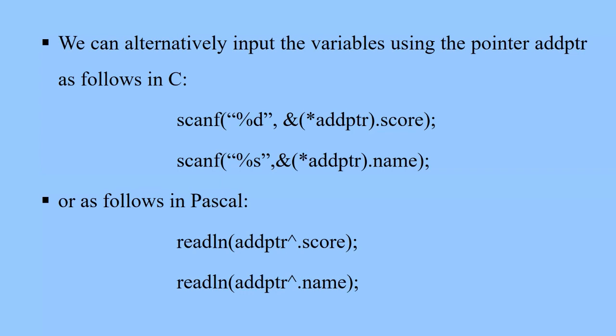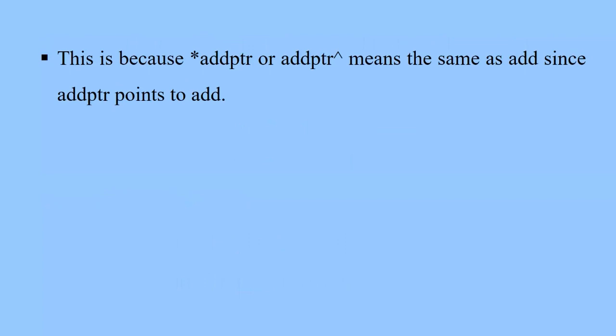This statement reads, pick the value which has been entered and store it in the member called name, whose record is being pointed to by the pointer called and pointer. This is because and pointer in C or and pointer in Pascal means the same as and, since and pointer points to and.